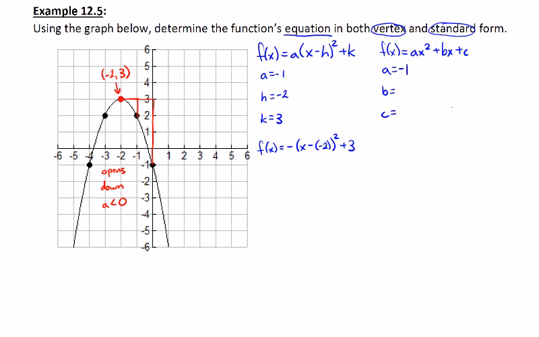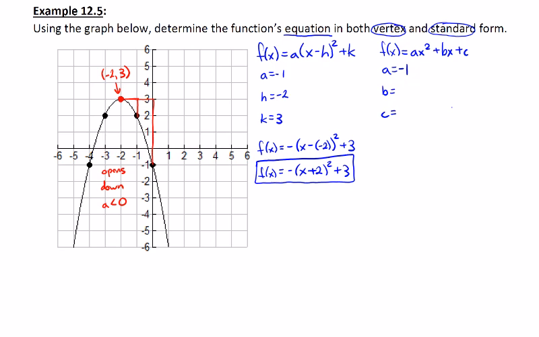And the only thing that I would really do here in terms of cleaning it up is the x minus -2. I'm not crazy about leaving it like that. So instead, I would just write it as x plus 2 all squared, and then I'll put the plus 3 there at the end. And that represents the vertex form version of the equation for this graph.